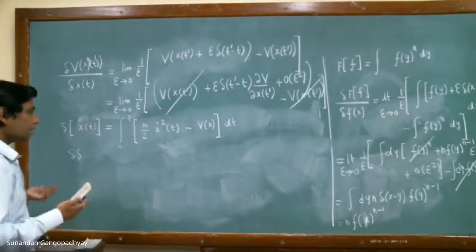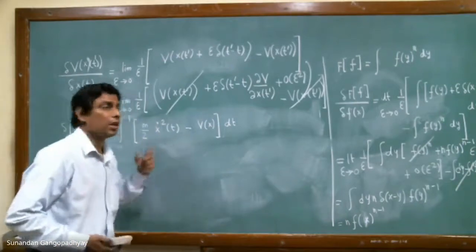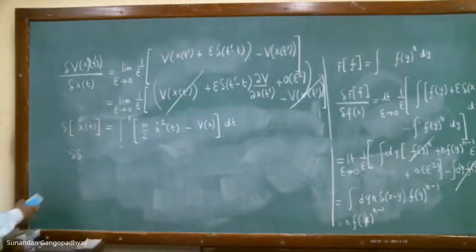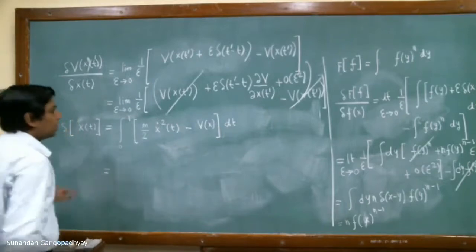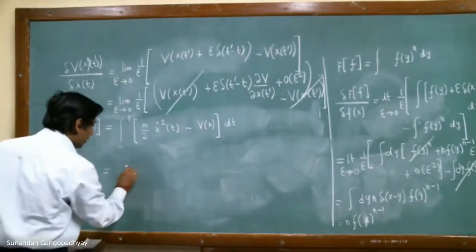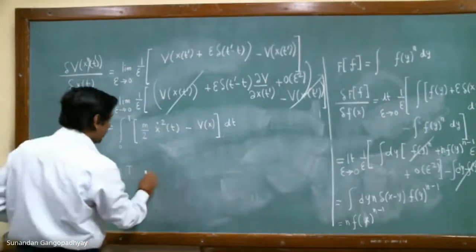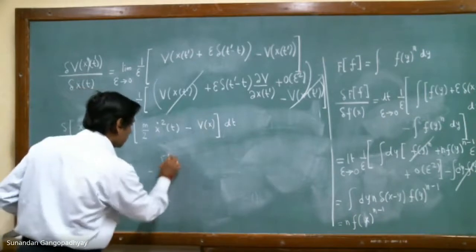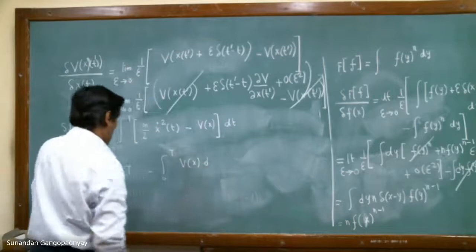You can also do the same calculation by using the definition of the functional derivative. So let us do it that way now. I will just break it up for convenience into two terms. This is the kinetic term, and then you have the potential term, the integral from 0 to t of V of x dt.